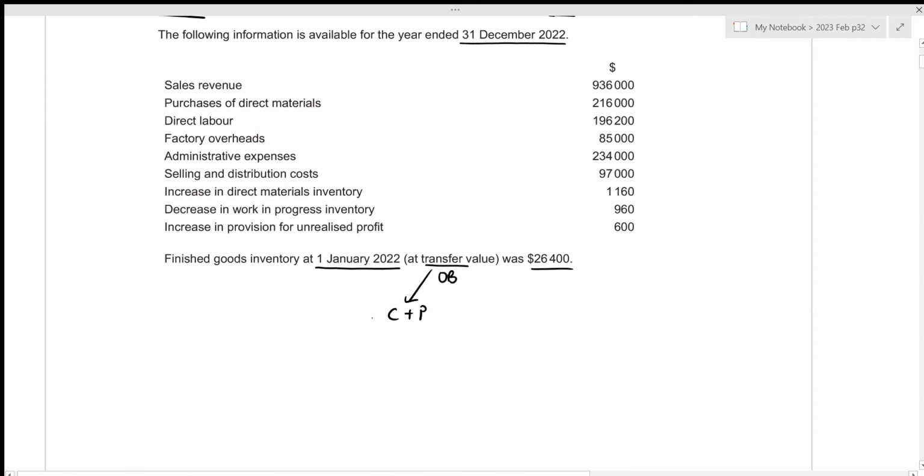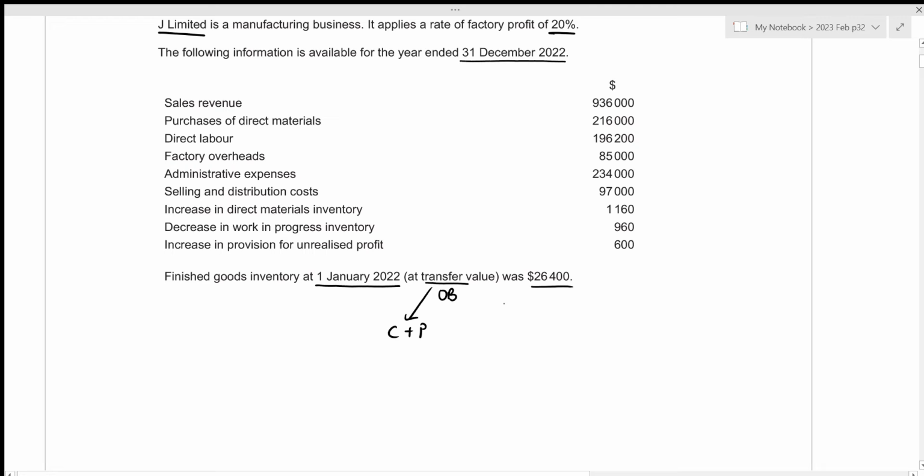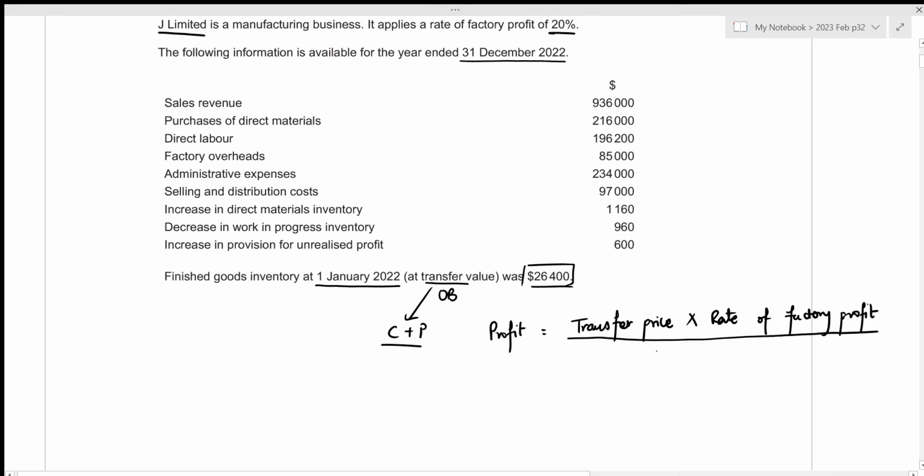So let's have a look above. We already have our opening balance right here to be 26,400, and this includes both our costs as well as the profit. In order to figure out profit from the transfer price, we have the formula: profit equals transfer price times rate of factory profit divided by 1 plus rate of factory profit.